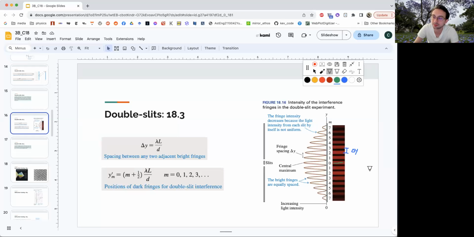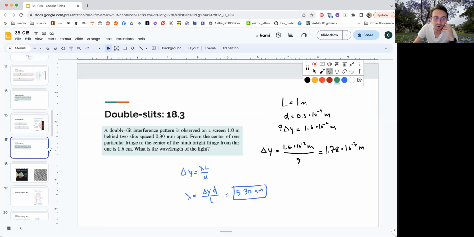But what you can do is say, well, here's 1, here's 2, here's 3, so from this one to this one is going to be 3 delta Y. And so then you can get delta Y and you can find the wavelength, or you can find the spacing of the slits, whatever you don't know in the problem, you can find it this way. So it's a really handy trick. And the reason that we often do multiple delta Y, so here we have a spacing of 9 delta Y, is that that minimizes the error, right?